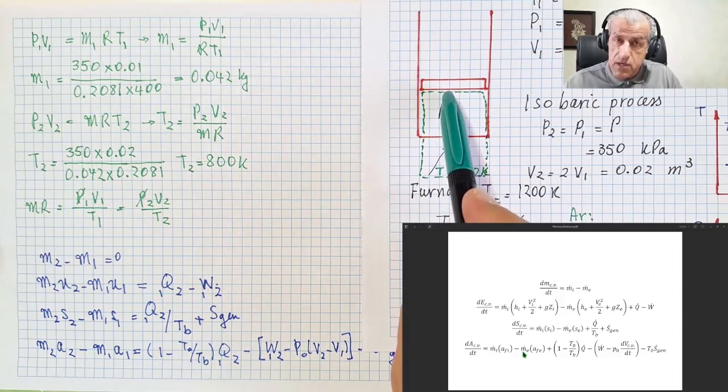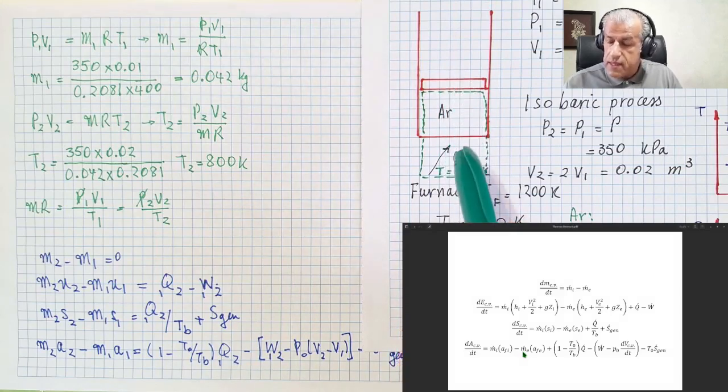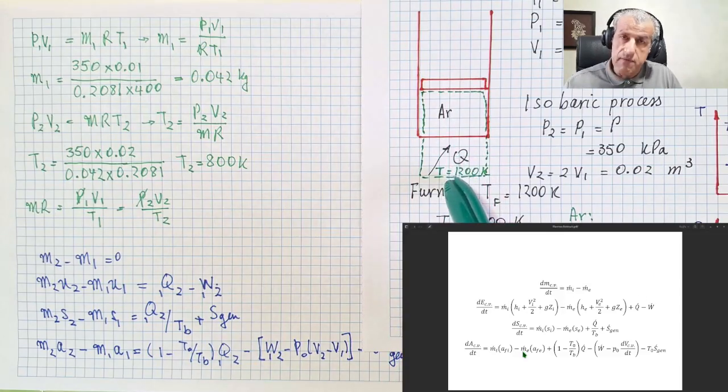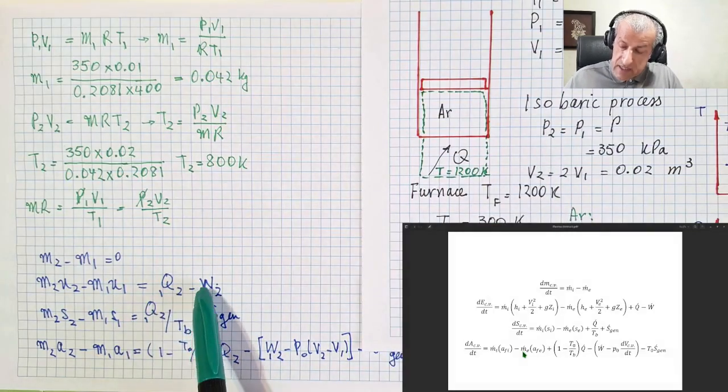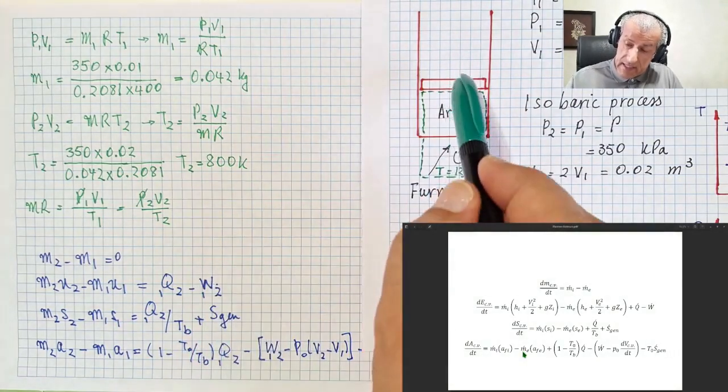This boundary is a boundary where work happens through it. So this boundary moves the piston, and therefore it does work. Now, this boundary is a boundary where heat transfer happens from it, and its temperature is 1200 K. You see, this is the work. The work is the cylinder piston work, and this is its boundary.